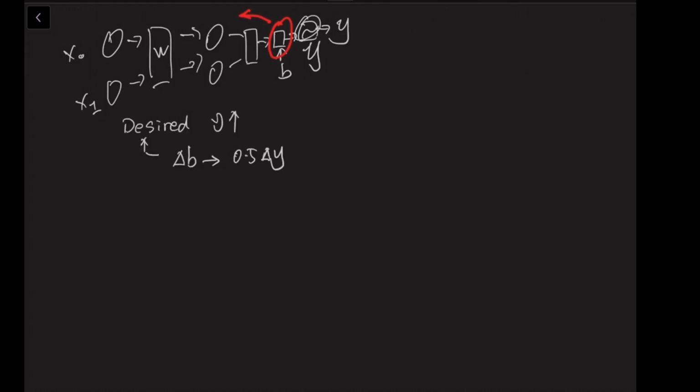So to summarize what we arrived at so far: we want to let the output probability y move up, and we know that if we move b by 1 unit, y will move up by 0.5 unit.